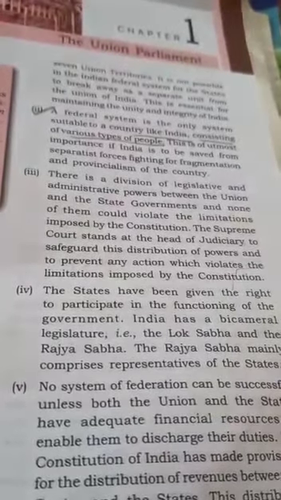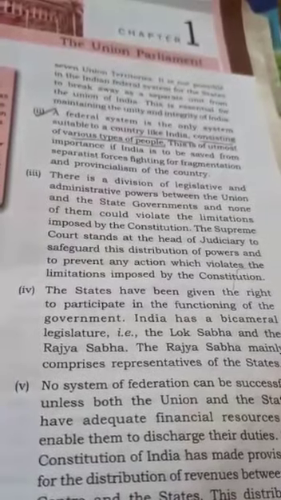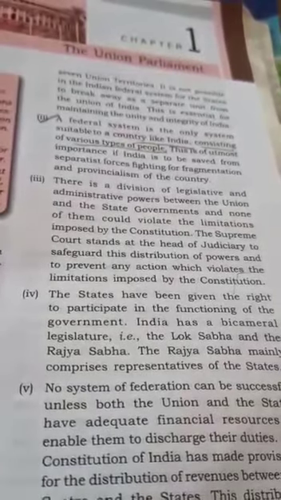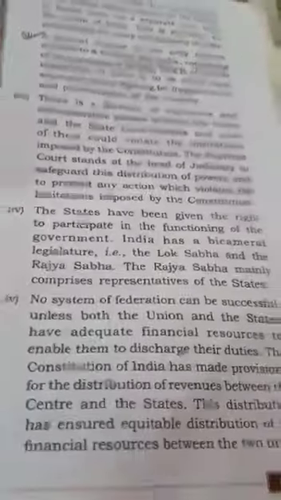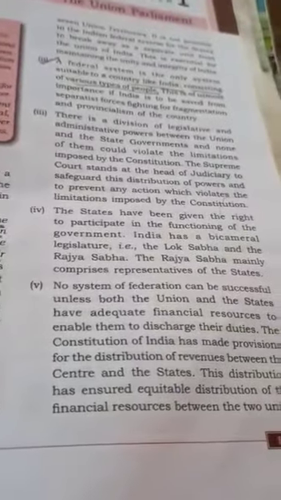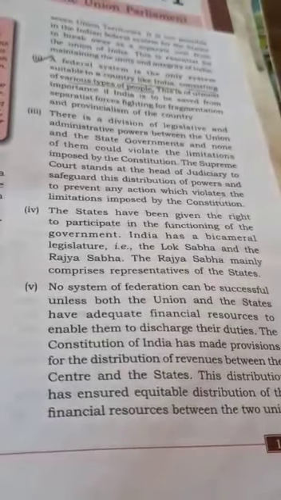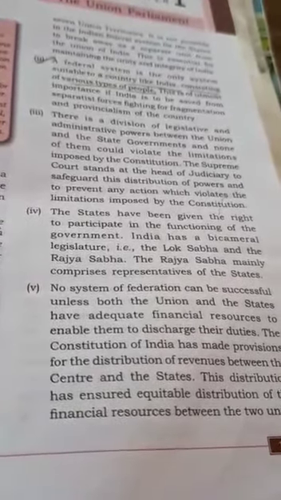Then the states have been given the right to participate in the functioning of the government. India has a bicameral legislature, that is Lok Sabha and the Rajya Sabha. No system of federation can be successful unless both the union and the state have adequate financial resources to discharge their duties.